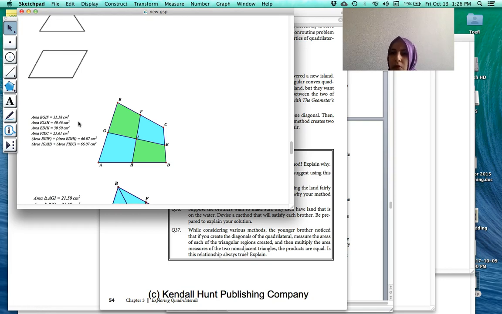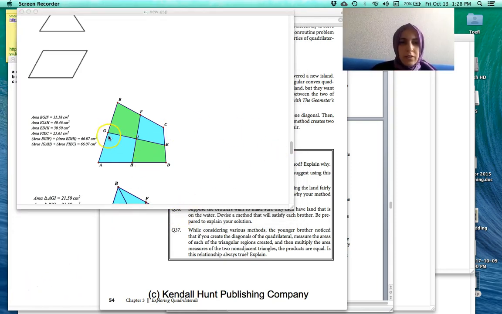Connect the midpoints of each set of opposite sides, where G, F, E, and H are midpoints. If each brother takes two of the non-adjacent sections, the total area of their land is equal.